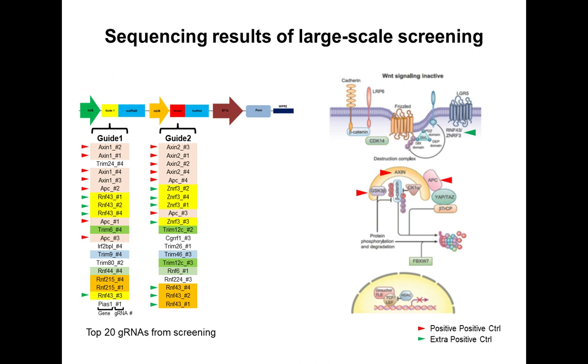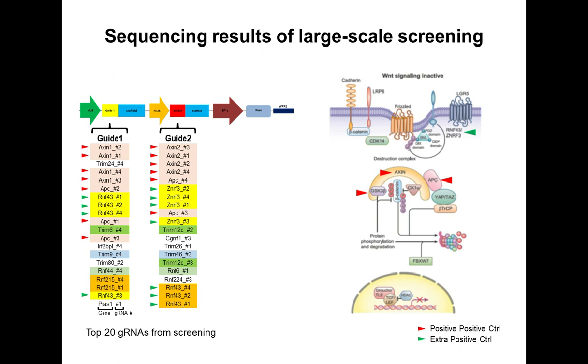And when we performed the next generation sequencing of gRNAs, we found that most of the hits are the ones that we actually implanted as the positive controls, such as Axins and APC, that are working in the destruction complex of the Wnt pathway.